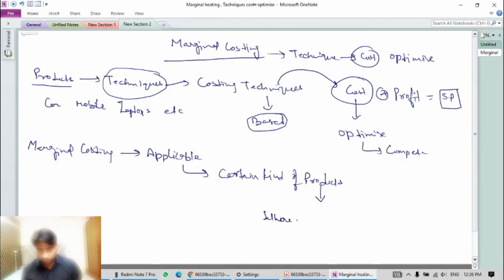where we can distinguish the total cost between variable and fixed cost.